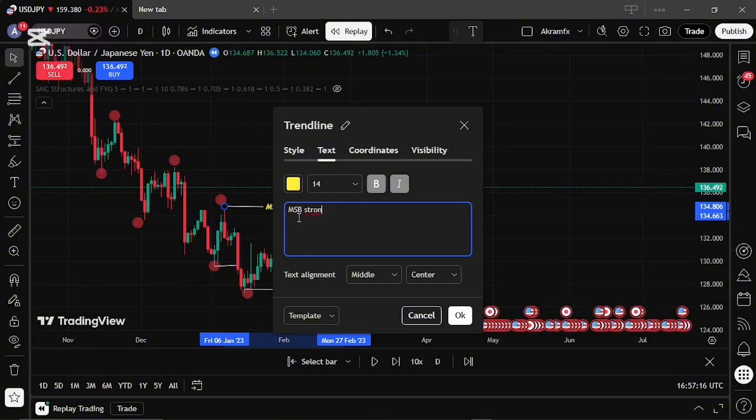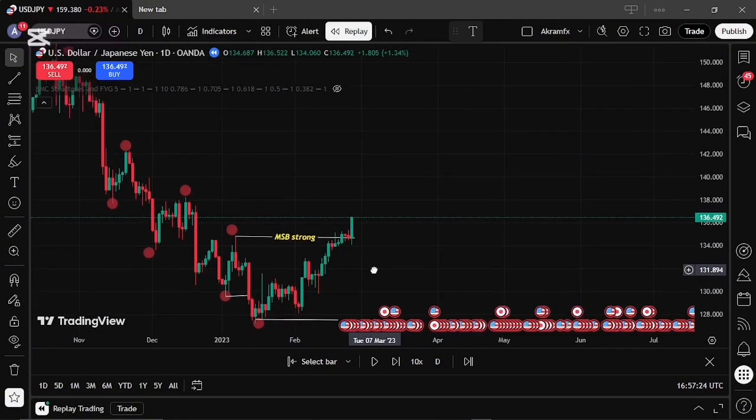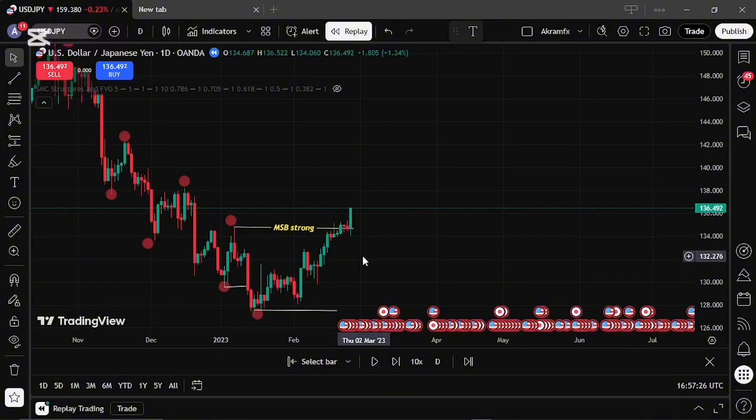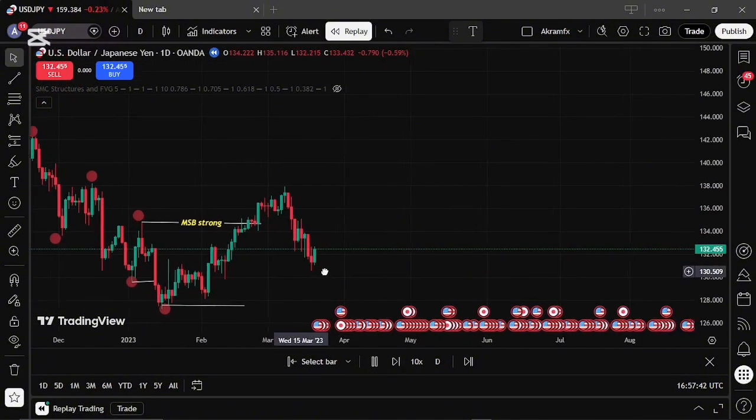Having this strong market structure break, we immediately know that the trend is changing. In later videos, we are still running the strategy, and we shall see how to measure the retracement and then go into the trade, because definitely prices have to retrace a little bit before they move further. So on playing this out, we see that it was a complete uptrend.